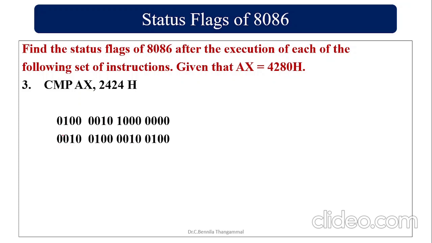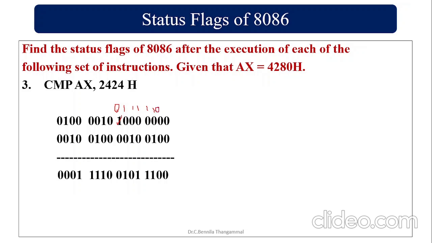So the AX value, then this is 2424. Now I will be performing the subtraction. 0 minus 0, 0 minus 0, then 0 minus 1, so I will be borrowing from the next 0, and the remaining will be 1 1 1 1. So 1 minus 1, sorry, this is going to be 10.